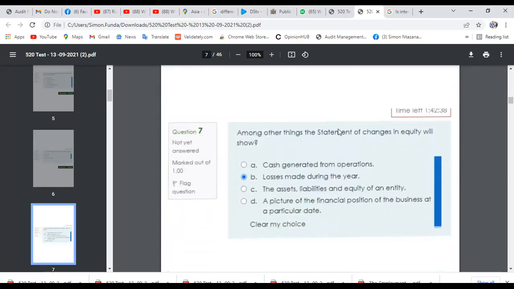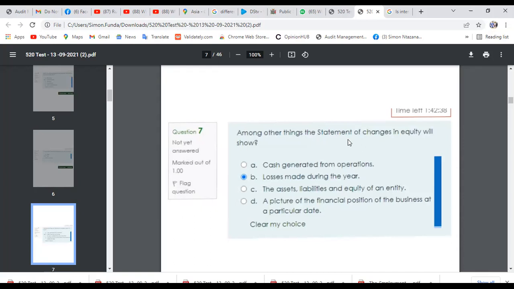Among other things, the statement of changes in equity will show: cash generated from operations, no. So at the end of the year, you prepare the statement of comprehensive income, the statement of financial position.